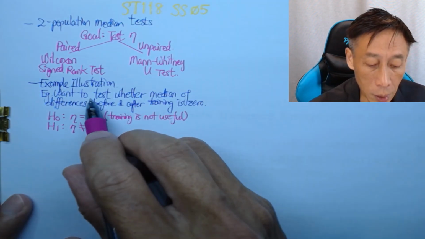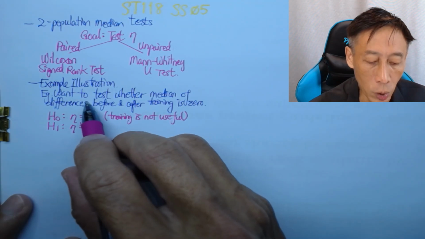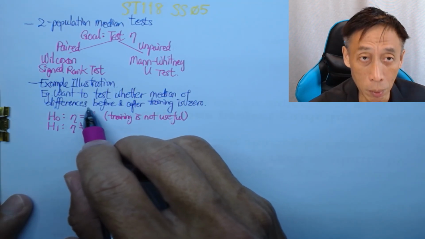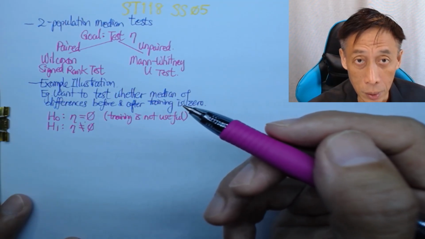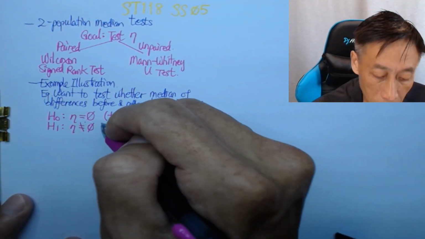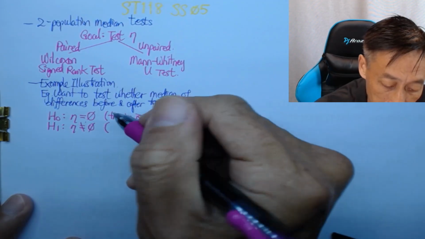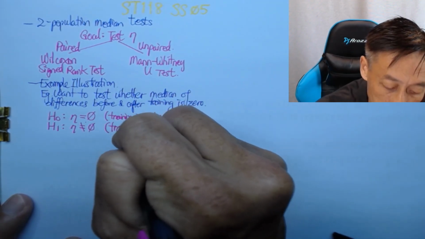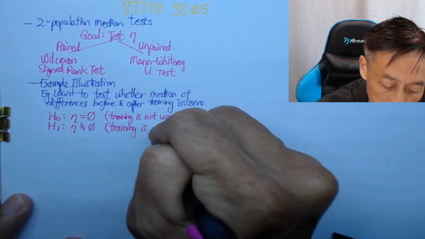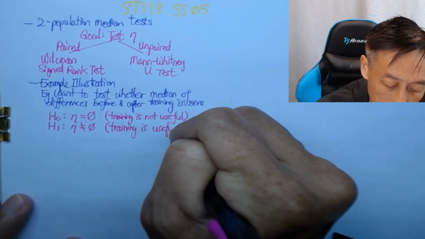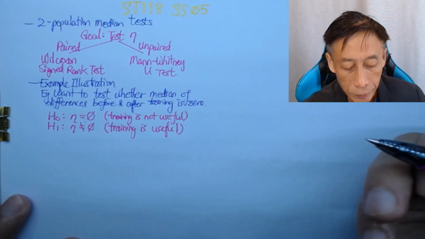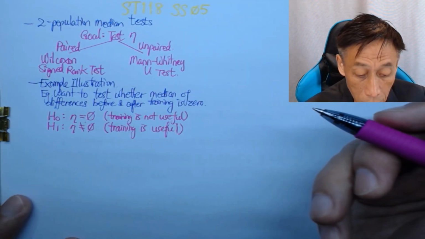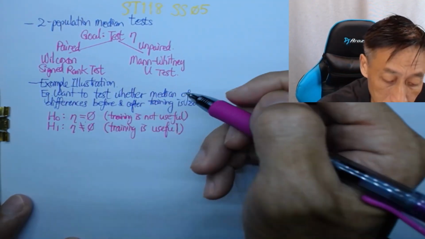So the measurement is not mentioned here, but you can plug in any suitable measurements that is efficiently obtainable and reliable, right? So here then the conclusion is training is useful, right? Because the median difference is no longer 0.